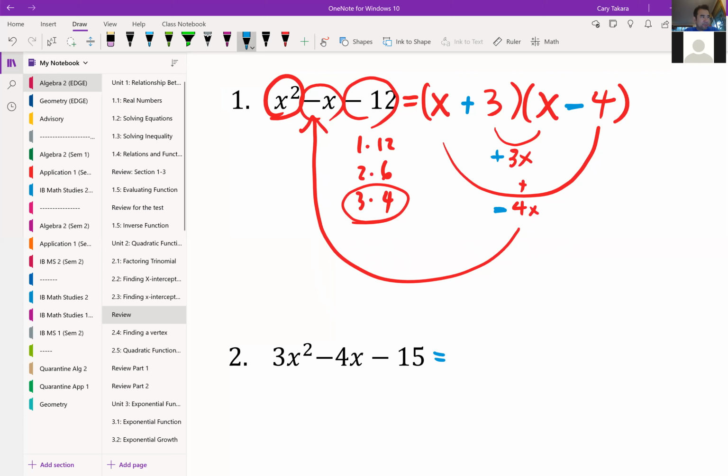Very good. Would you share your solution if you're done with number 2? Okay.